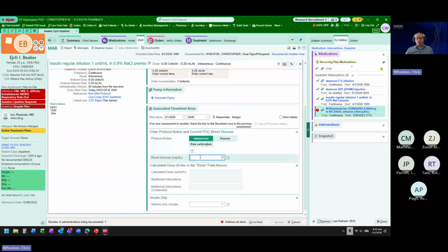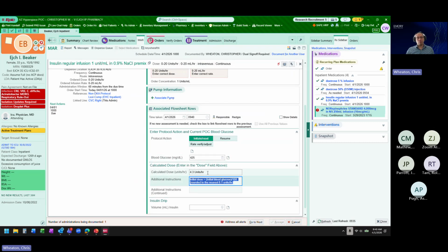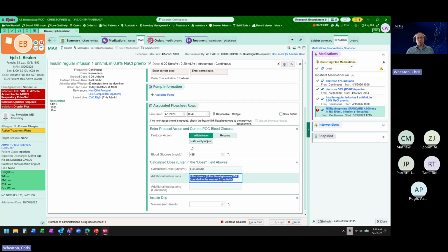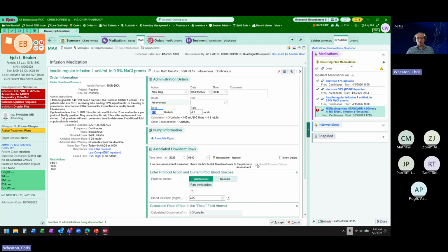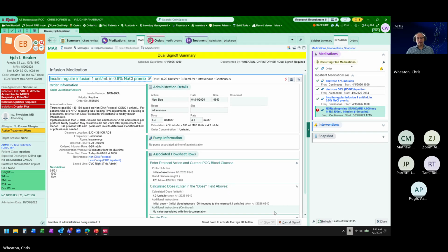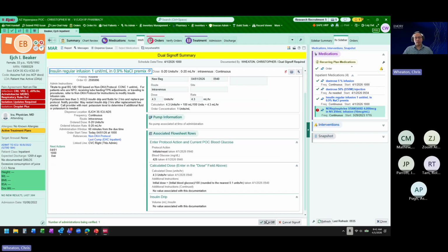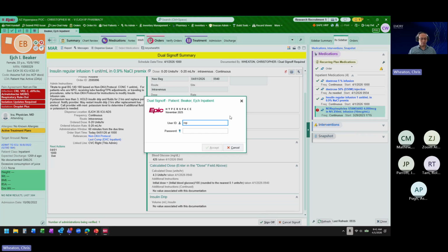So for this one, I will initiate it at 425. It rounds it to the nearest 0.1 unit per hour, so we would have 4.3 units. At this point, we will then go up to the dose and enter 4.3, and we will complete the administration. It will prompt for dual sign-off, so the second independent check will need to be done in order to proceed with the administration.